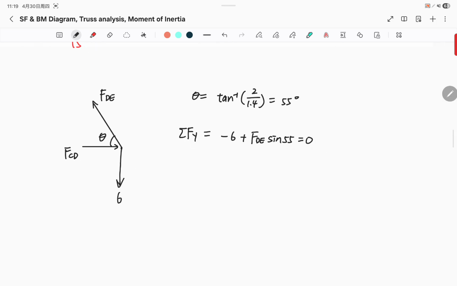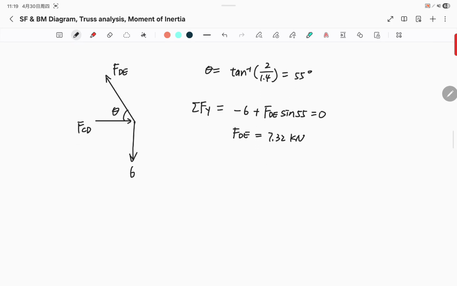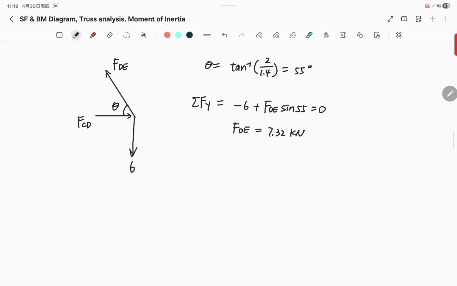By solving this, I get FDE equals 7.32. By knowing FDE, I can write sum of forces in X to solve FCD, with cosine theta.